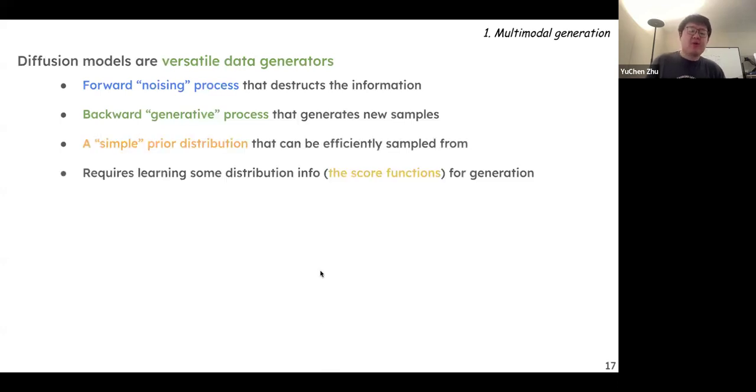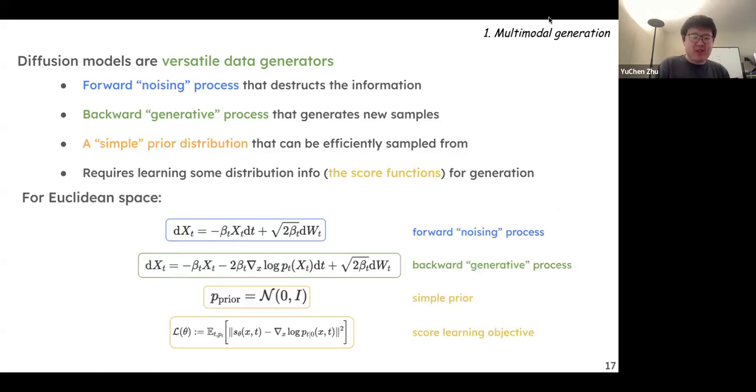To be algorithmically capable, we need this prior distribution to be simple so that when we run the algorithm, we can efficiently start from it, which means we want to be able to cheaply sample from this prior distribution. And of course, this backward generation cannot just come to us for free. In the process of learning this model, we need to learn some extra information about the distribution of the forward process. Typically, we call them the score functions, in order to complete this generation.